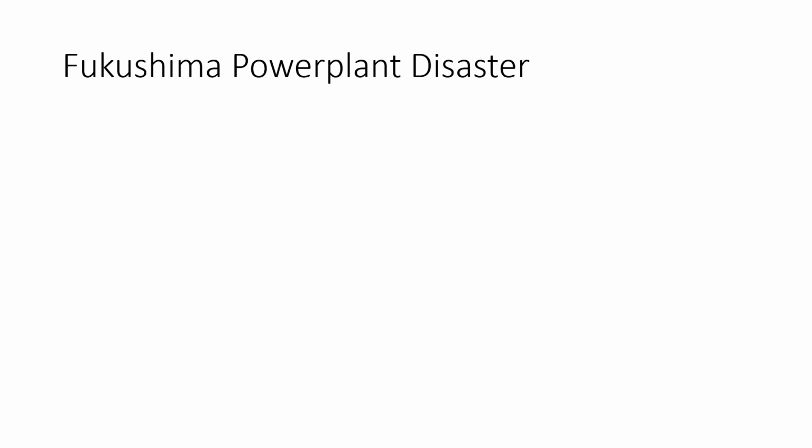Though they were switched off by that time, they were very hot inside. So a nuclear meltdown happened, and some contamination happened in that area. If you look at major nuclear disasters, the Fukushima disaster is considered one of the most catastrophic. It happened that way.